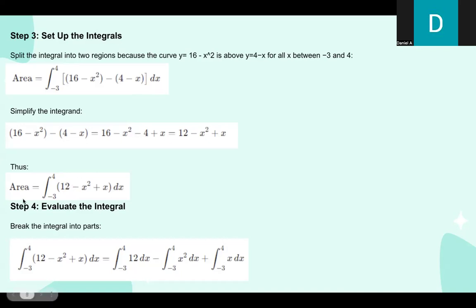Step 4 is to evaluate the integral. Break the integral into parts. So instead of doing this whole long thing right here, the integral from negative 3 to 4 of 12 minus x squared plus x dx, we're going to break it up into the integral from negative 3 to 4 of 12 dx, minus the integral from negative 3 to 4 of x squared dx, plus the integral from negative 3 to 4 of x dx.